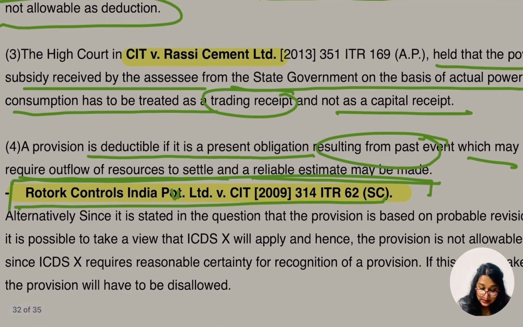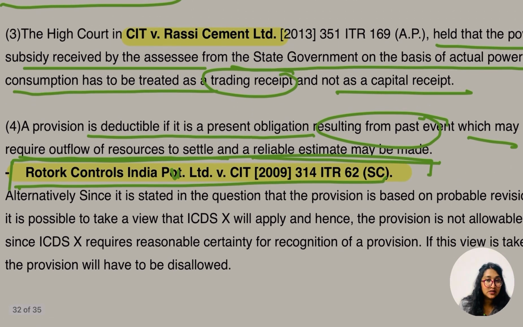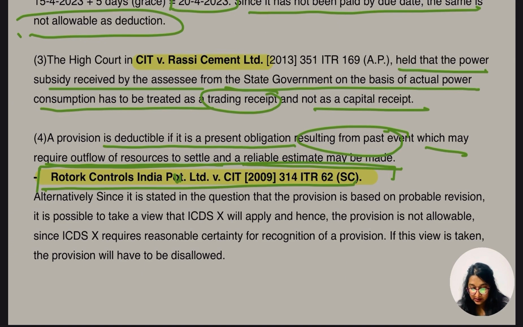Okay, alternatively there is one more possibility we can also go for, but in this I have taken it as allowable deduction. The second possibility is, since it is stated in the question that the provision is based on the probable revision, it is possible to take a view that ICDS 10 will apply and hence the provision is not allowable.